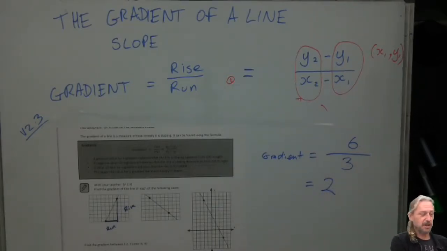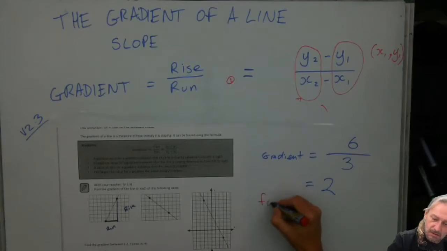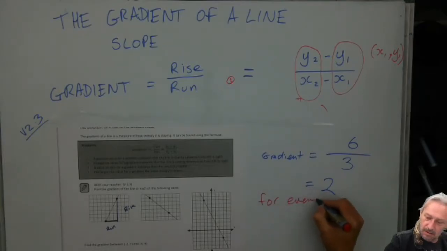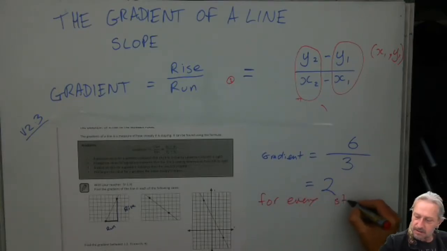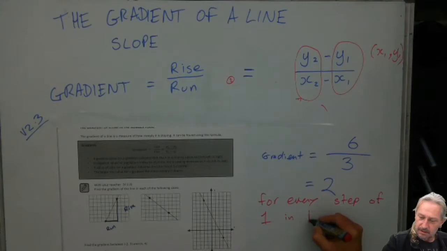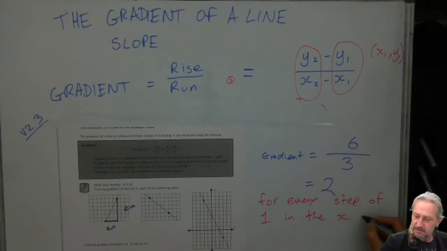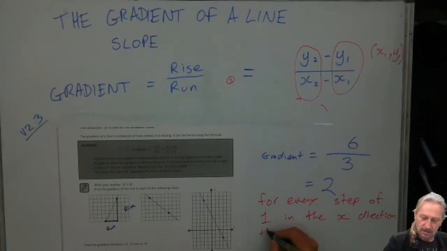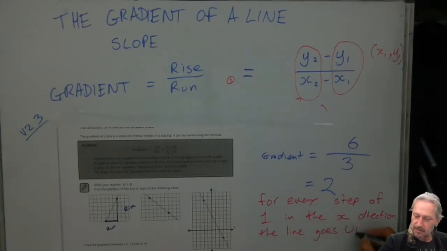So what that essentially means for this one is, for every step of 1 in the x direction, the line goes up 2.